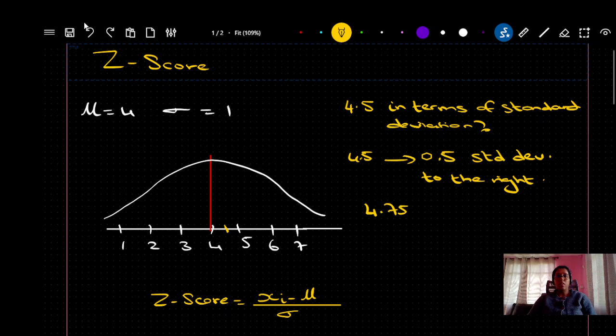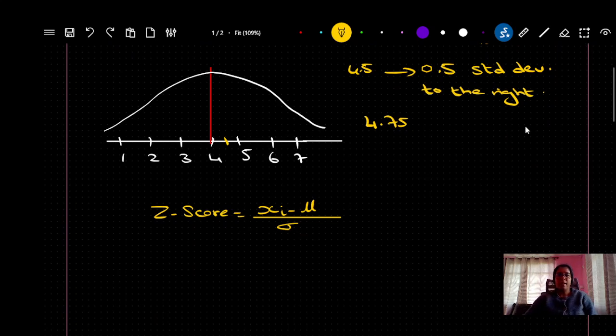This is the formula of z-score. Now we want to see where does 4.75 fall in terms of standard deviation in this graph. We will use the z-score. So let's apply the formula to find this out.